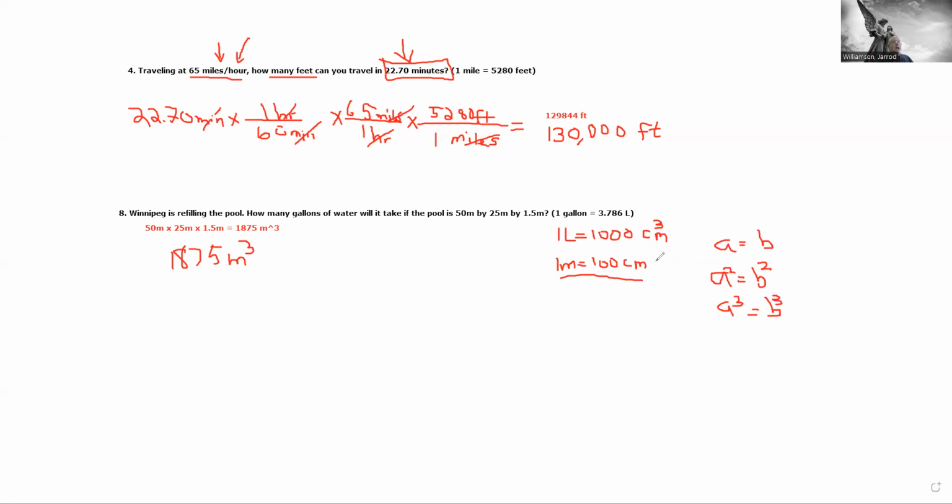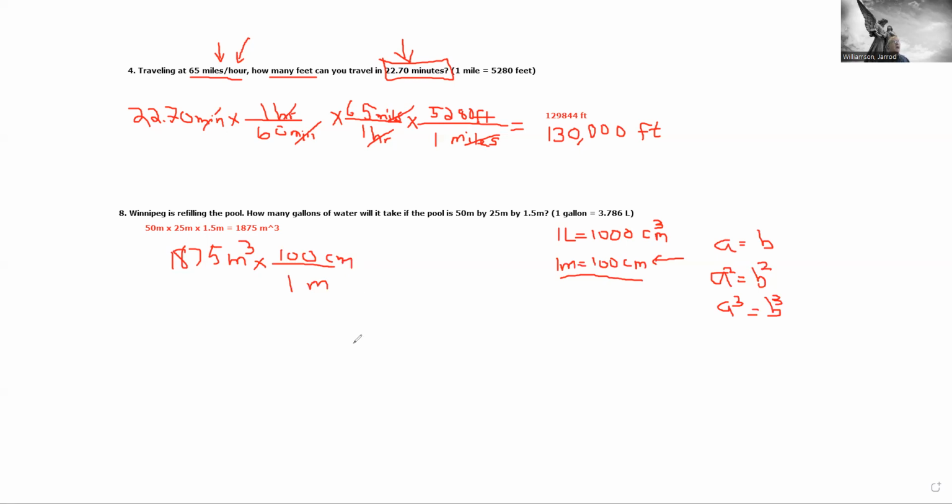I can use that on this, where I've got cubic meters, and I know that 1 meter is 100 centimeters.